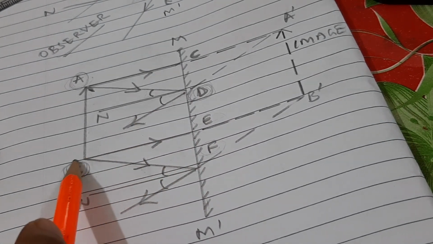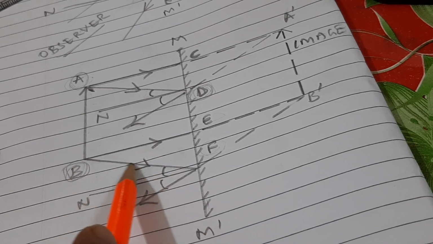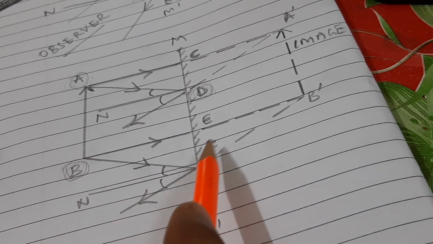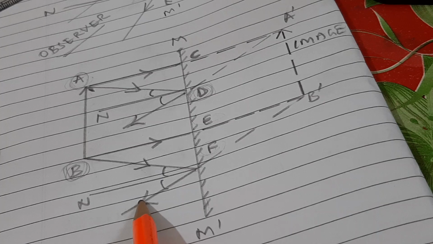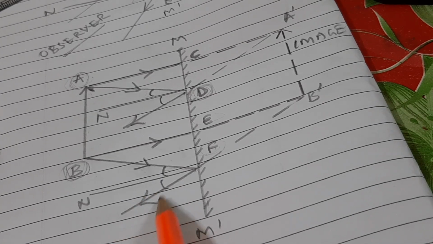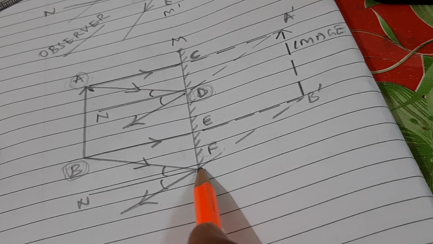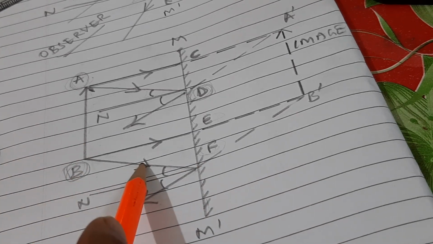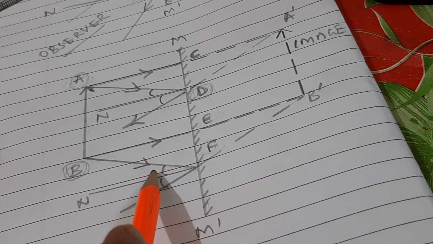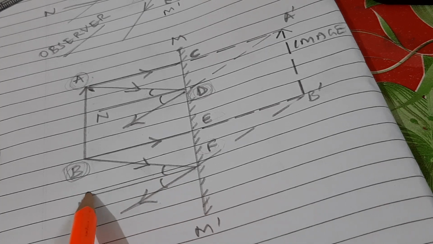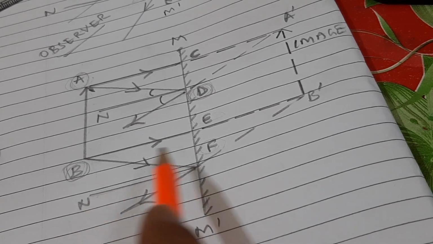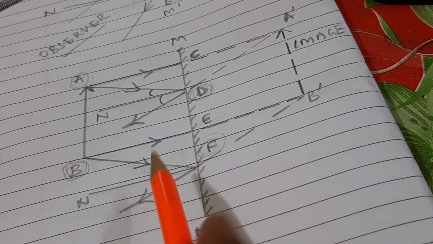Similarly, for point B of the extended object, the incident ray falling at point F is sending a reflected ray in the opposite direction away from the reflecting surface of the mirror. Now this incident ray is also making an angle of incidence with the normal, shown here from the point of incidence F.